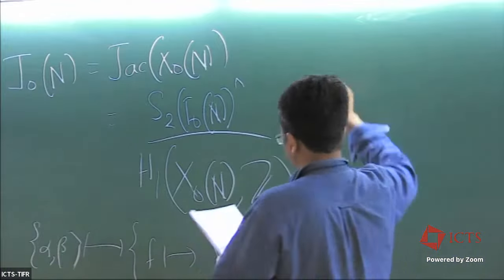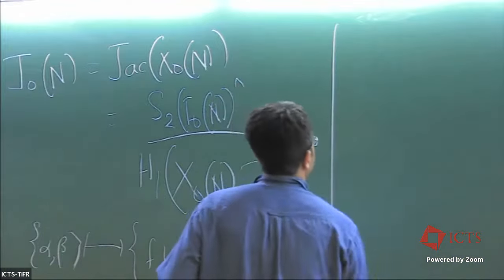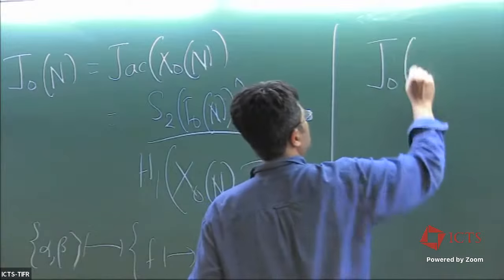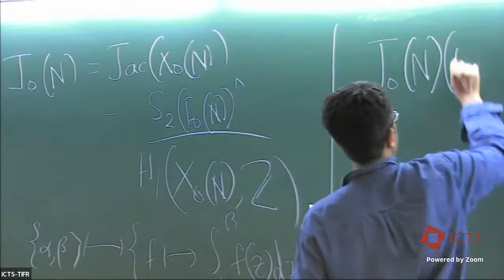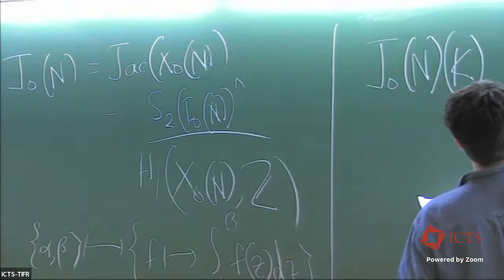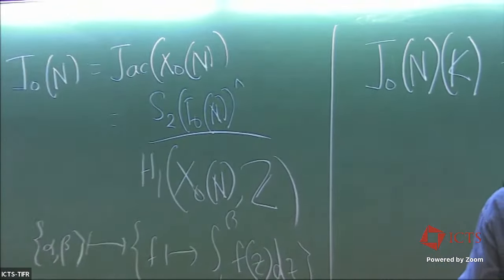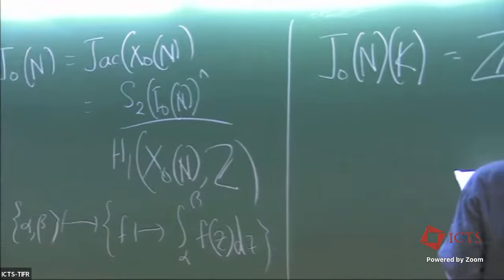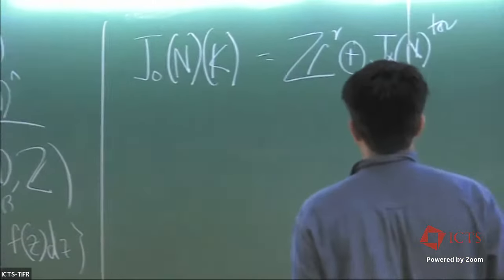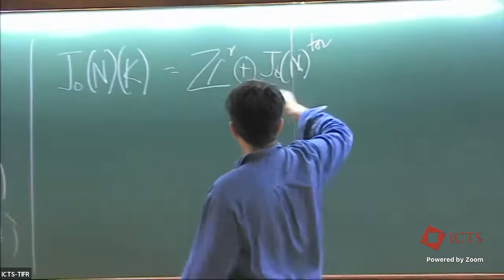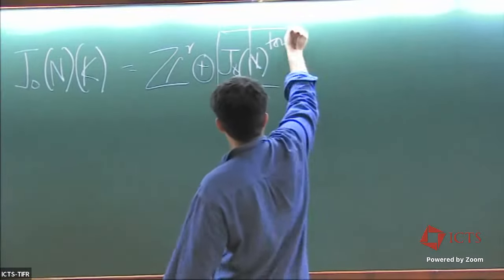With a classical theorem, the Mordell-Weil theorem, this is finitely generated over K. Maybe at this conference we are more interested in R, but I'm interested in the torsion part.